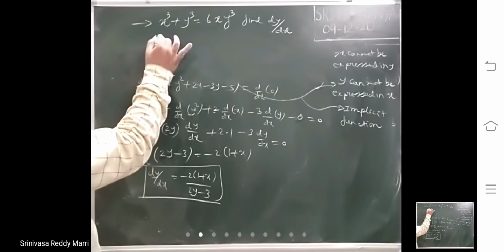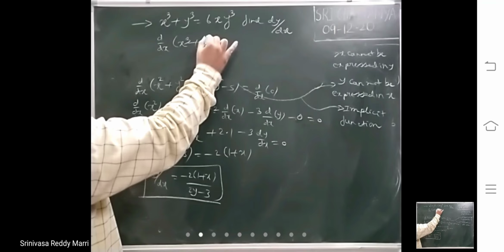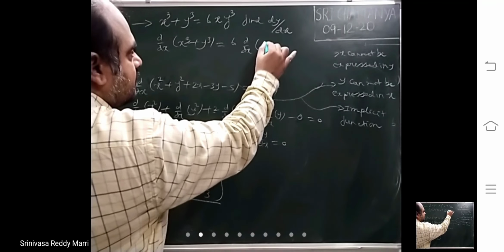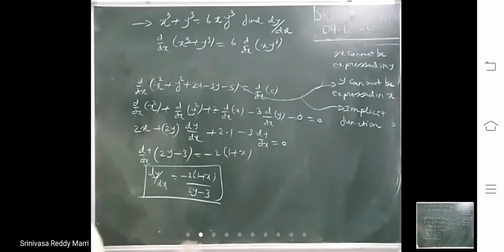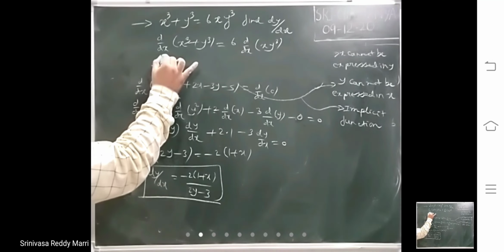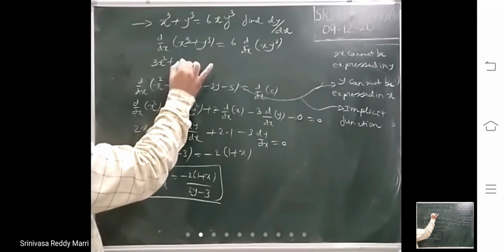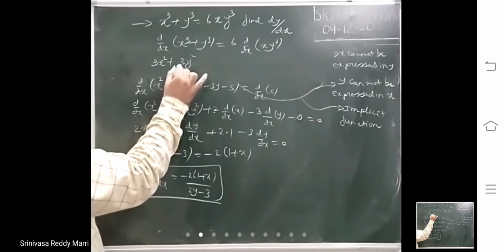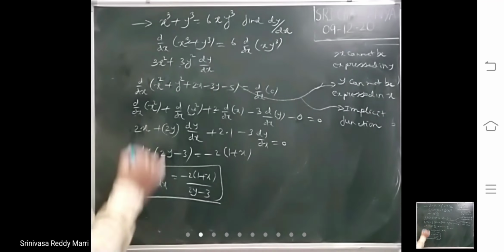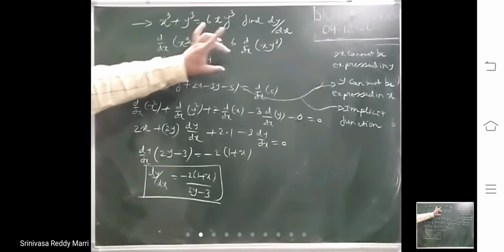Okay, so apply d by dx on both sides. Now d by dx of x cube is 3x square directly. D by dx of y cube is 3y square, but don't leave it like this, into dy by dx, into d by dx of y. This y cube is 3y square into d by dx of y.